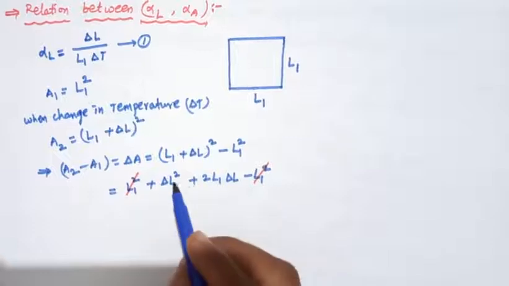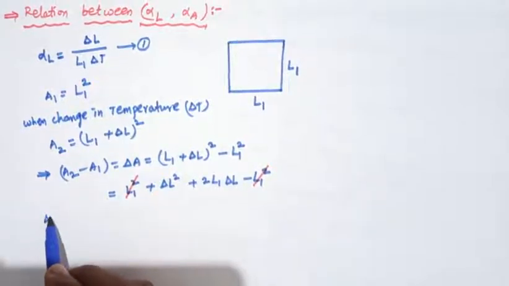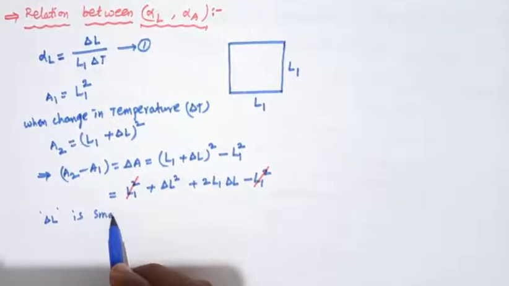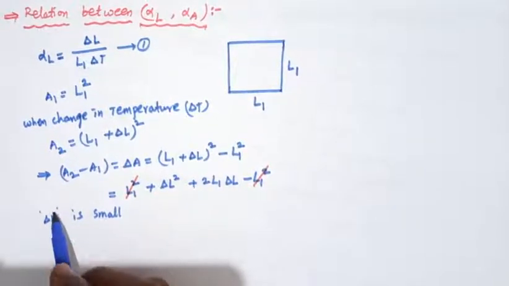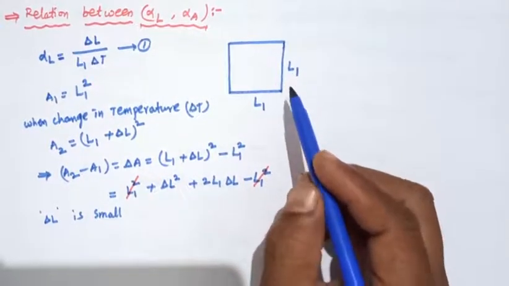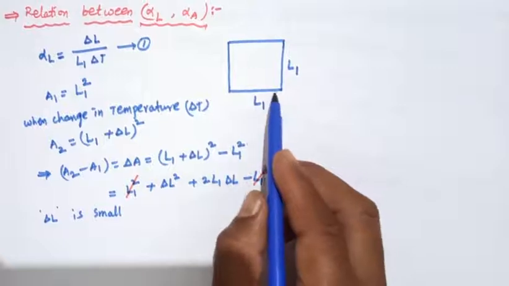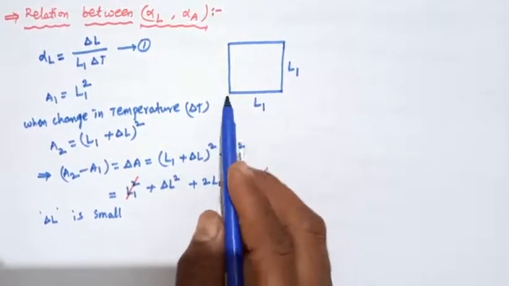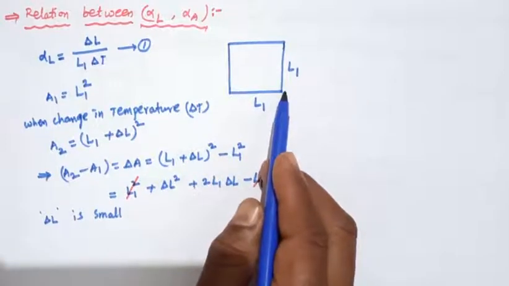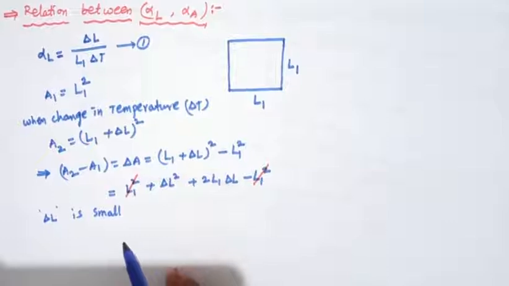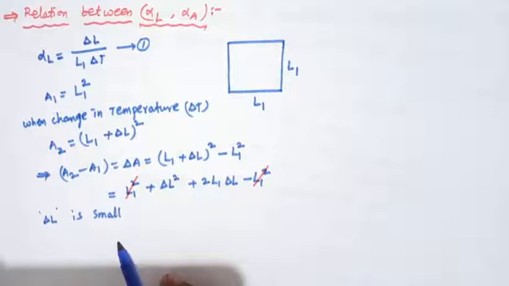We know that delta L, the change in length, is small. When we increase the temperature, the size increases by a small amount, like 0.01 meter or 0.001 meter.